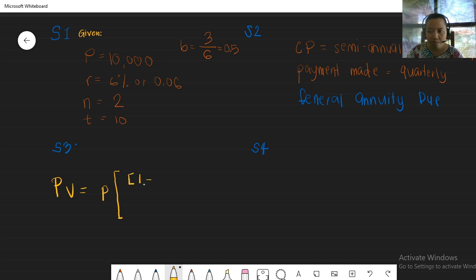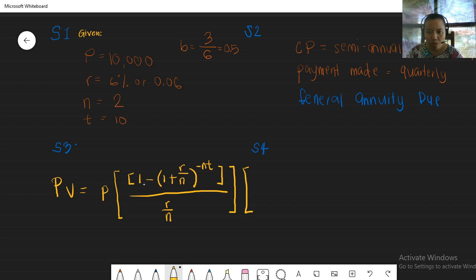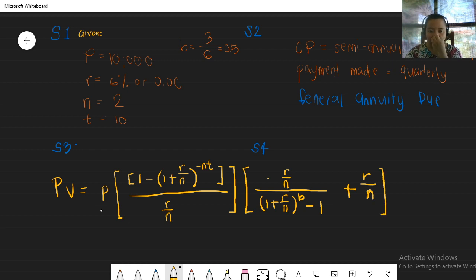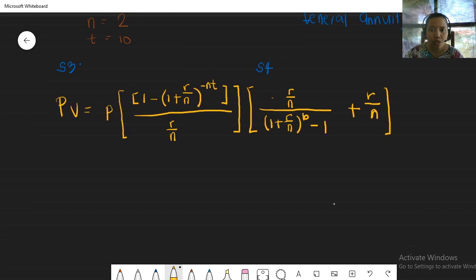Our numerator is 1 minus the quantity of 1 plus R over N to the power of negative N times T, close the braces, and then divide it by R over N. Enclose it with a close bracket, multiply it by another numerator, R over N, divided by 1 plus R over N to the power of B, minus 1, plus R over N. So we are going to calculate first the numerator, but before that, let's proceed to step number 4.